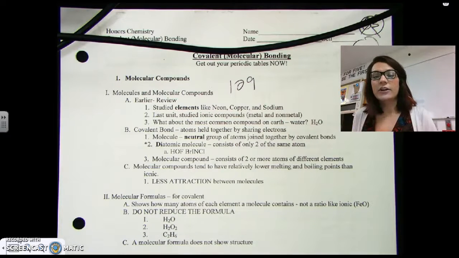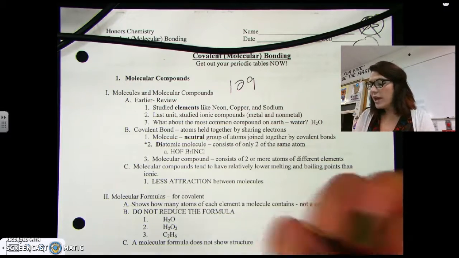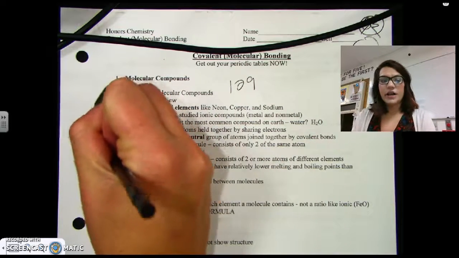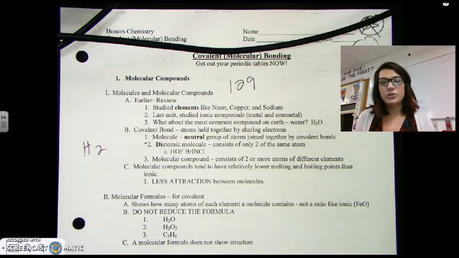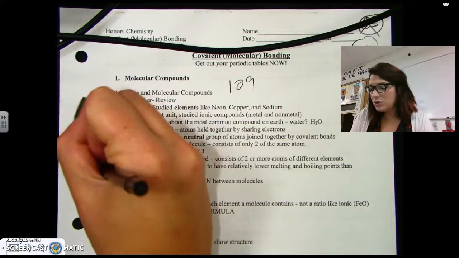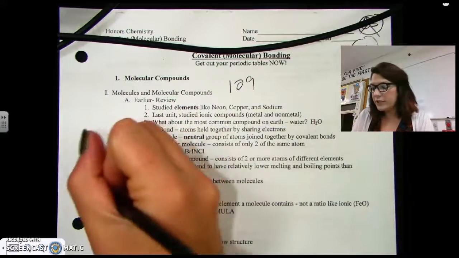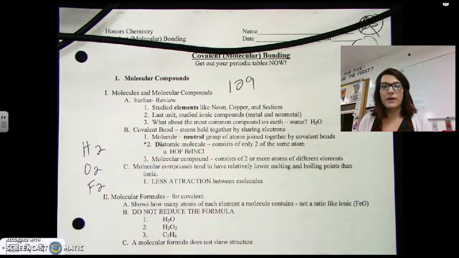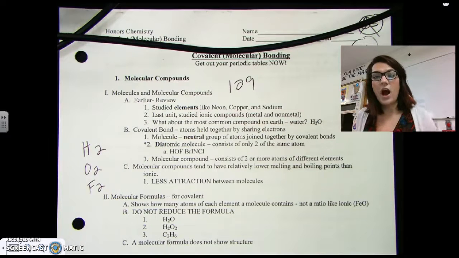And actually an acronym to remember these is Hofbrinkel, okay? So, meaning H is not just H in nature, it's H2, two hydrogens together. Oxygen is not just O, it's going to be O2 in nature. Fluorine is going to be F2, etc. Okay, so make sure you know those. And we say Hofbrinkel to help us remember those.